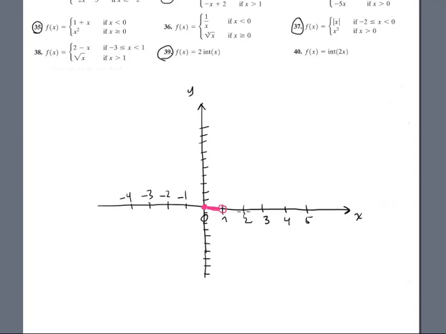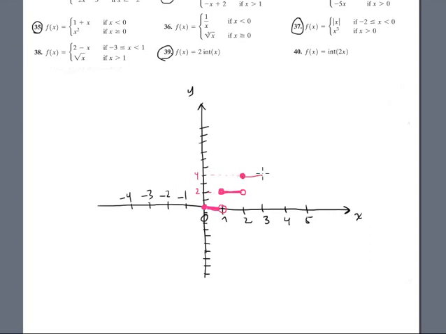And between 1 and 2, the integer function is 1, multiplied by 2 is 2. So we have full here, this point is 2, and this is empty. Between 2 and 3 the integer function is 2, 2 times 2 is 4, so it's 2, 3, 4 here.